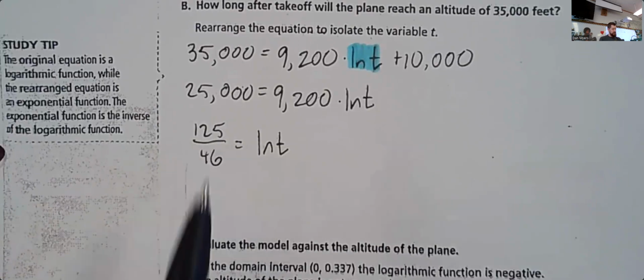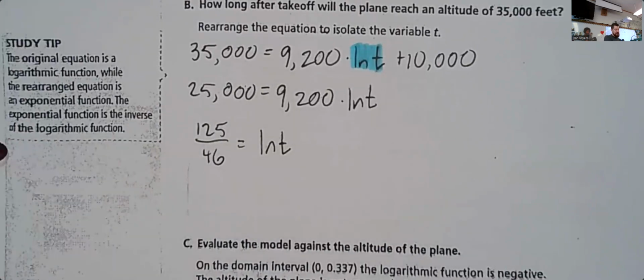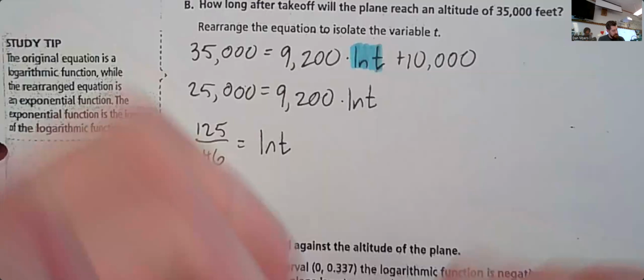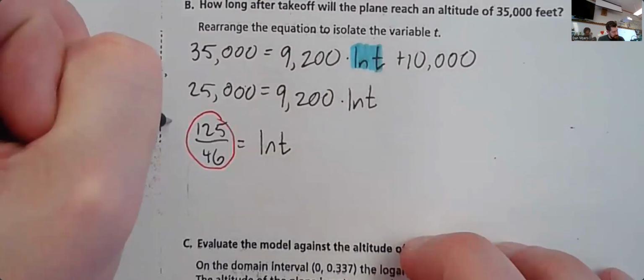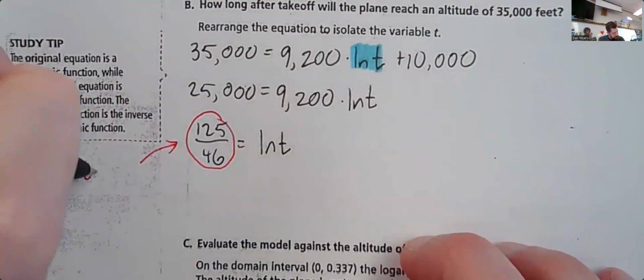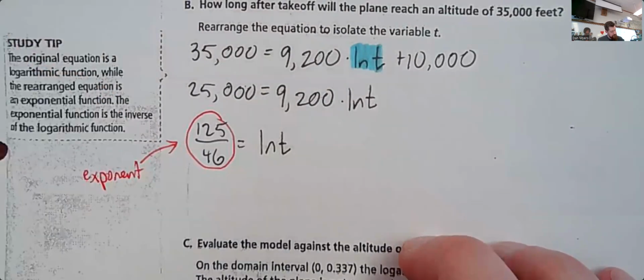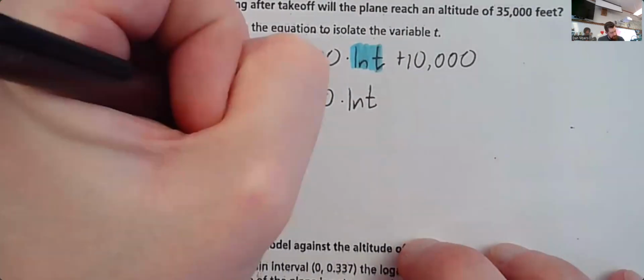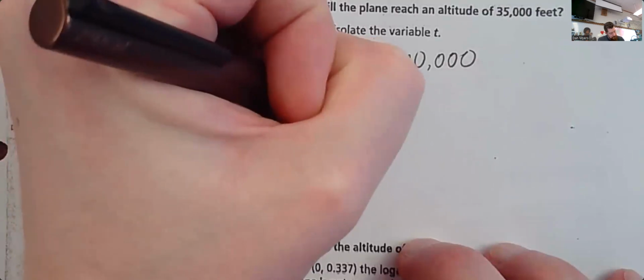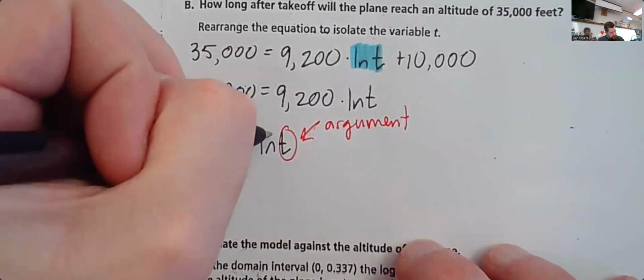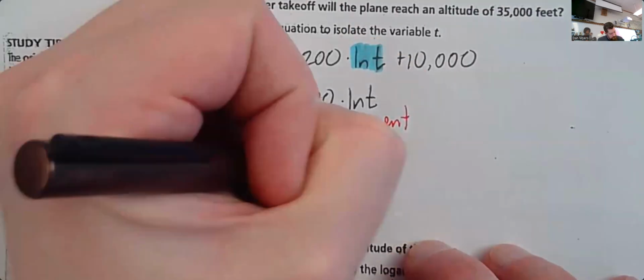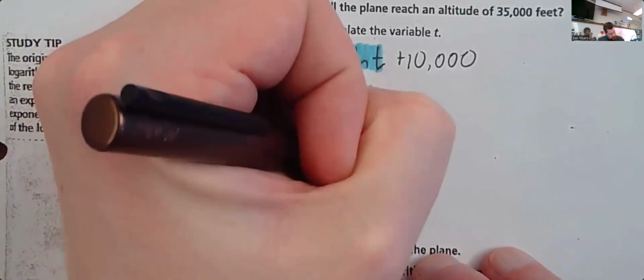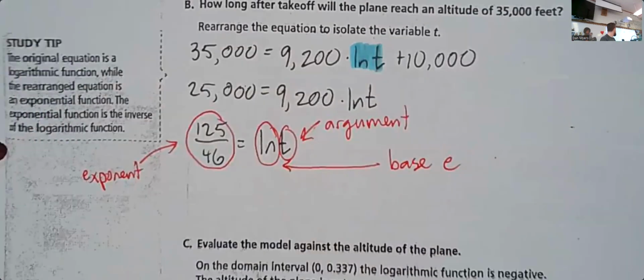So exponent, I'm just going to go ahead and define these things here. That's our exponent. This is our argument. Base e.